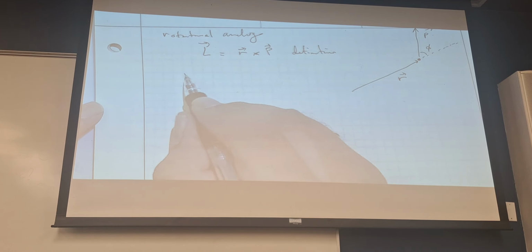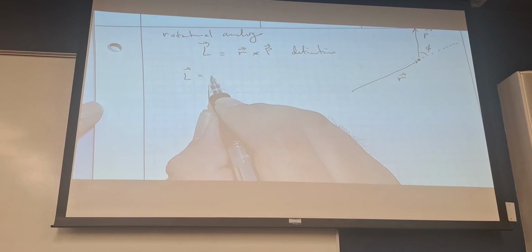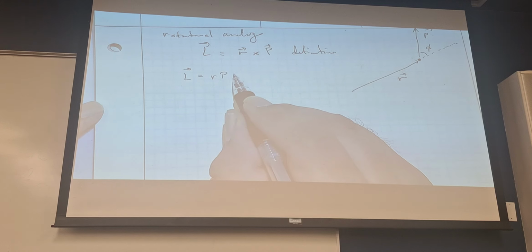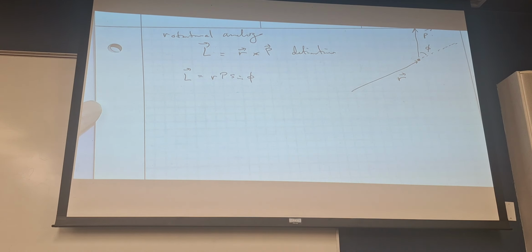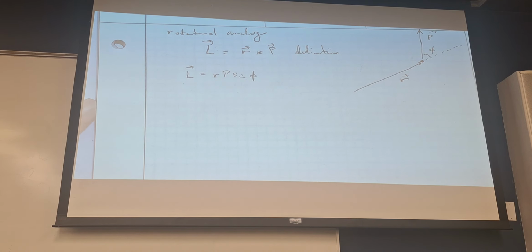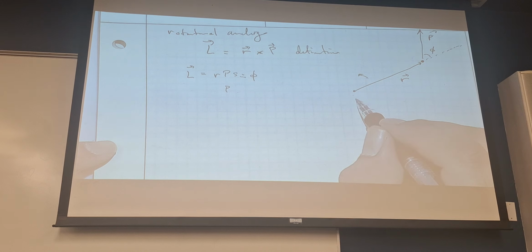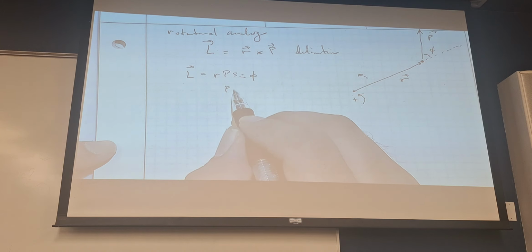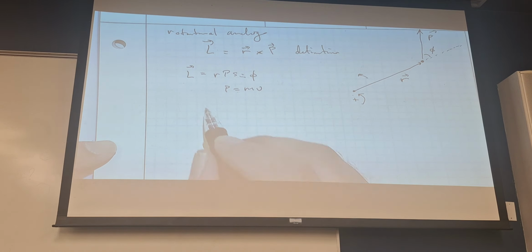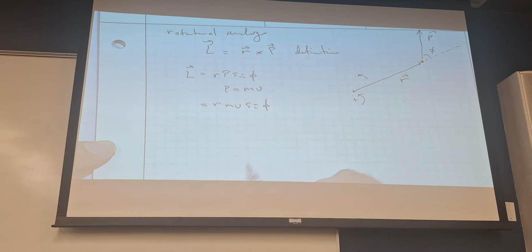So L equals r p sine phi. Say it's rotating this way, let's make that positive rotation. p is mv, so this becomes r mv sine phi.